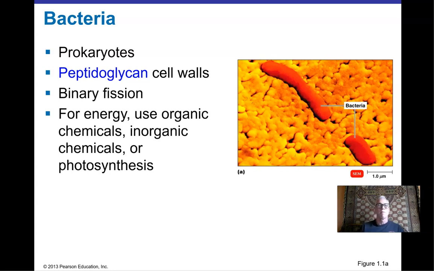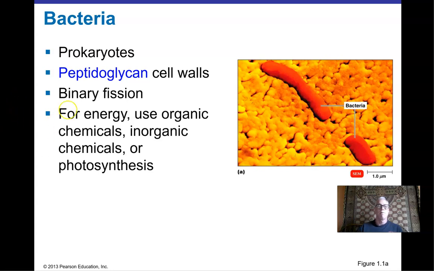Most animal cells use glucose for a source of energy and a source of organic material to build out of. And it turns out that bacteria are extremely diverse in being able to use a number of different sources for both their carbon as well as for producing energy.